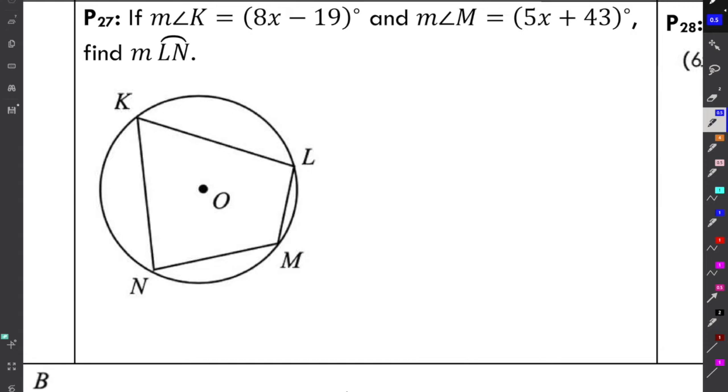Okay, so let's see what it says about those. In inscribed quadrilaterals, the opposite angles are supplementary. Okay, and what that means is that they add up to 180. So give me 1 second right here, and we will go look at the cheat sheet, okay?